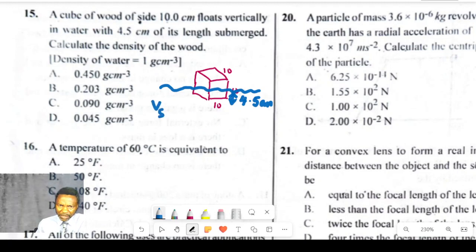Volume submerged is equal to 10 times 10 times 4.5. That will give 450 cm cubed.